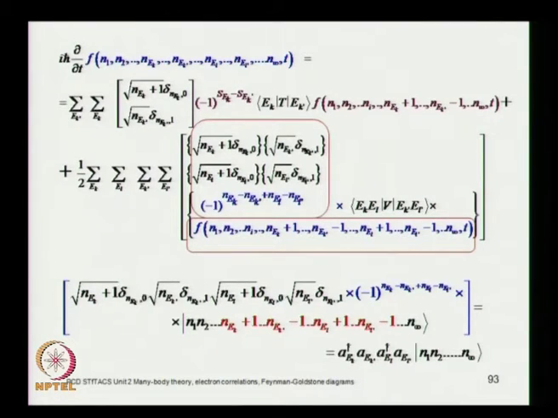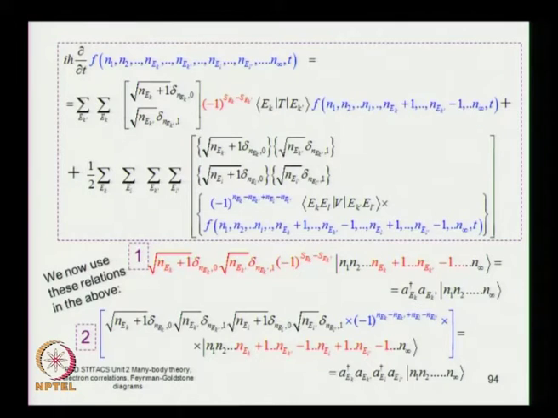For the kinetic energy term you have got a right hand side which can replace this, and in the potential energy term you have got this information on the right hand side in terms of the occupation number state vectors and the creation and destruction operators, which can replace the corresponding terms in the first quantized notation. This is some sort of a transition from the first quantization to the second quantization formalism.